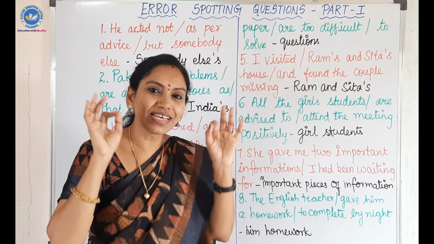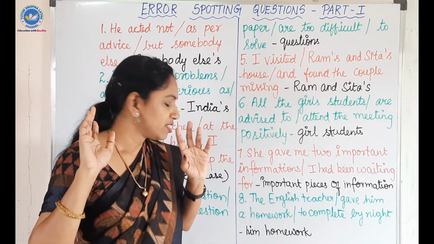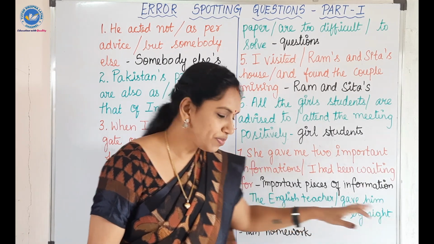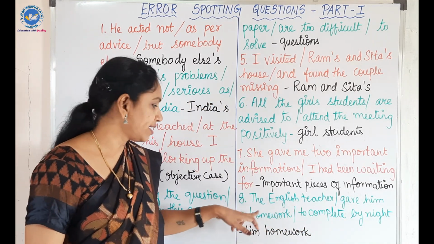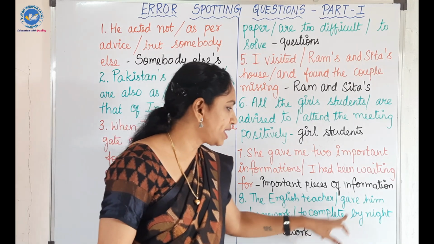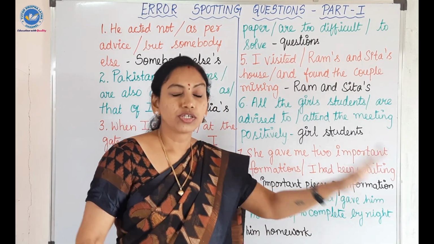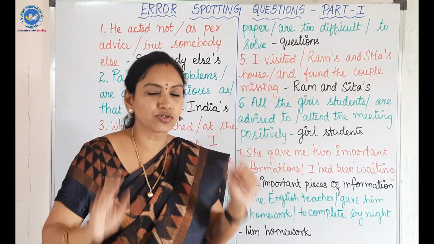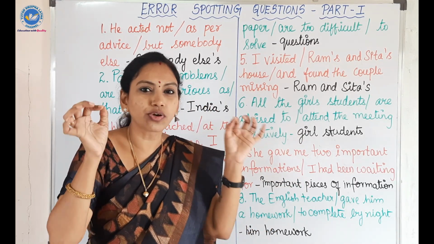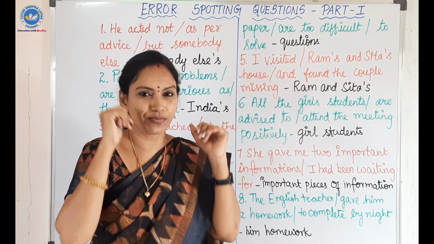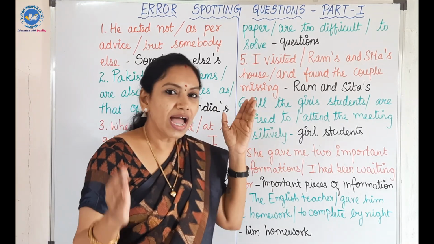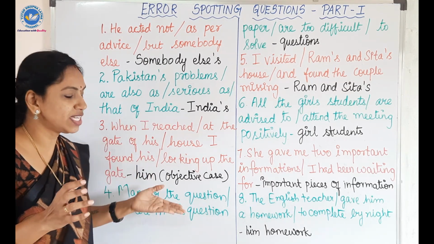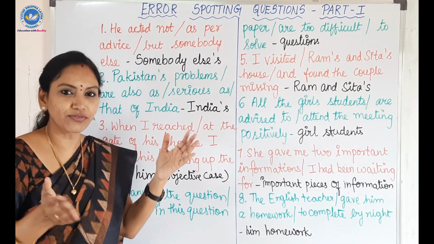Homework itself is an uncountable noun. So last time I am repeating, the English teacher gave him, remove this A and write homework to complete by night. Don't use S or singular. Homeworks is also wrong and A is also wrong for an uncountable noun. If you want, you can take a screenshot of this, and I'll move to the next set of questions.